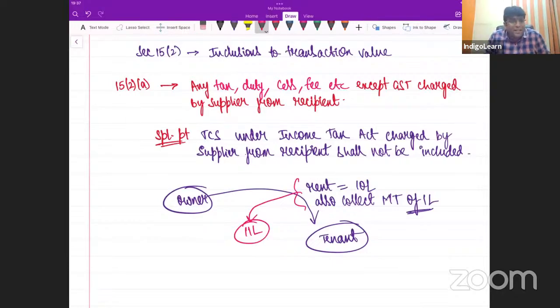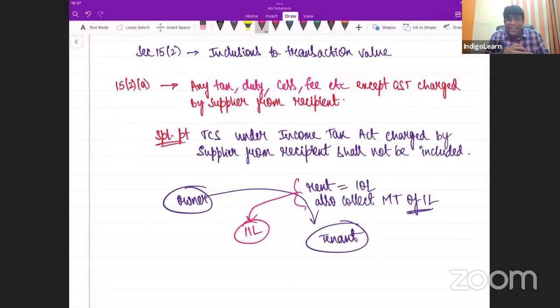Some query. Sir, what is the logic that TCS is not included? Yes, my dear friend, let me tell you the logic. The reason why TCS we don't include is because whatever TCS is collected by supplier from recipient, that will become a TCS credit for the recipient. So it's something like an interim levy in between, some tax collected for which credit will come again to the recipient. Because when we file income tax return, whatever TDS, TCS is there, will reduce that, no?